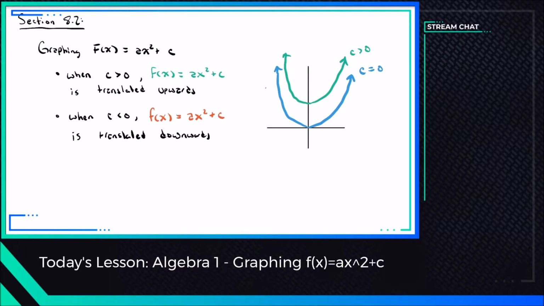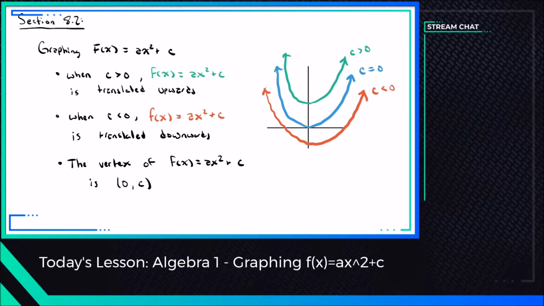It's still pointing upwards towards the sky, but notice now that it is shifted downward. And the vertex of f of x equals ax squared plus c is the point (0, c).